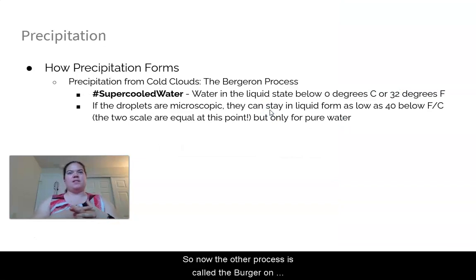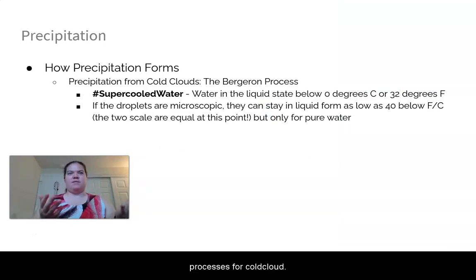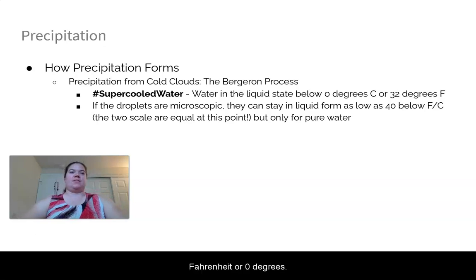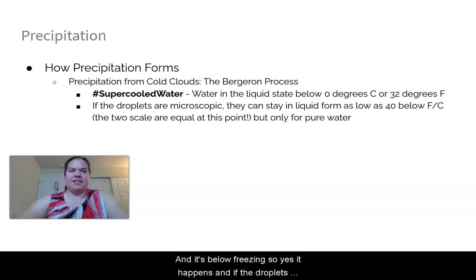So now the other process is called the Bergeron process. This is for cold clouds. So first thing you need to note is supercooled water. So this is water in the liquid state that is below 32 degrees Fahrenheit or 0 degrees C. And so this water is literally liquid and it's below freezing.